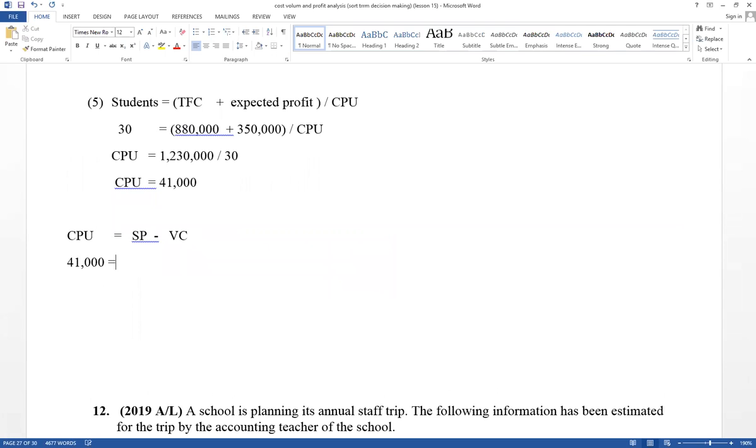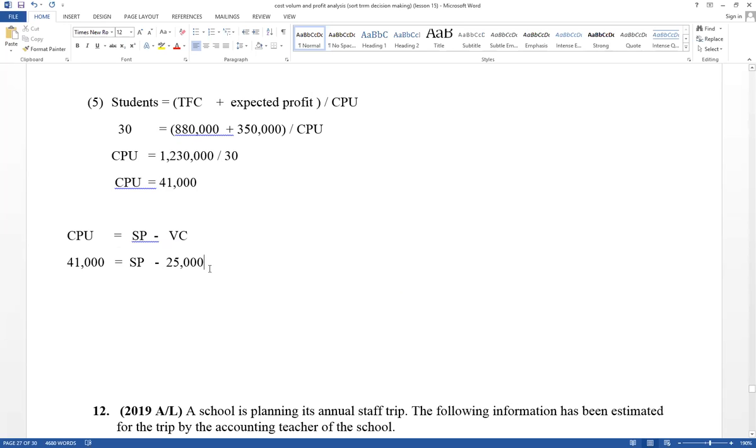Therefore, new contribution per unit equals 41,000. We are going to calculate the selling price. It includes program fee and variable cost. It does not vary with the number of students. Variable cost per unit does not change.